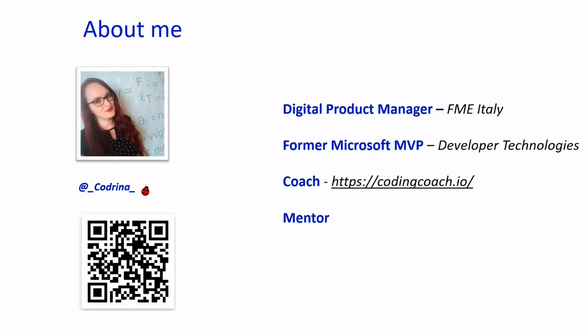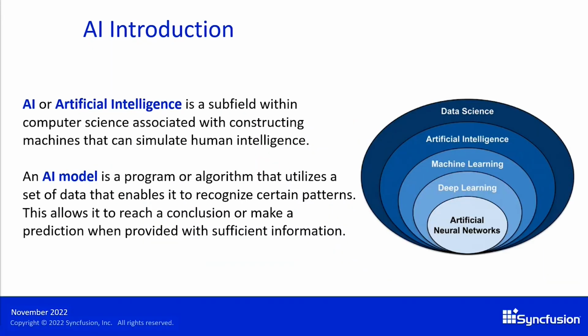So I will start by reminding everyone what AI is. So we are here in the data science or computer science area, and this bit here is that part that can simulate or tries to simulate human intelligence.